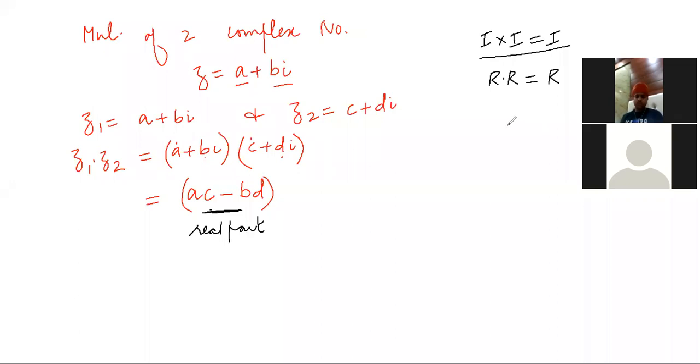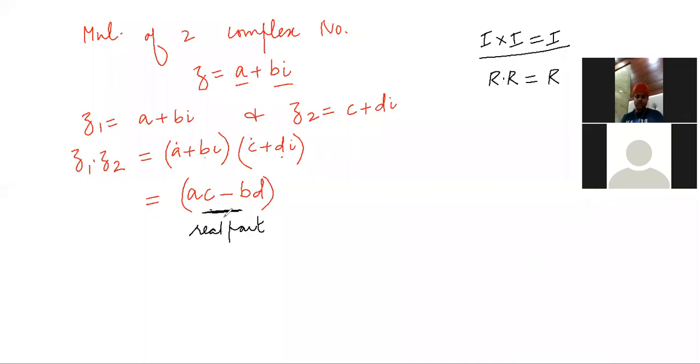Similarly, we can say that a complex number multiplied by a complex number is also a complex number. Every number is a complex number: rational numbers, irrational numbers, every number. And this world is complex.